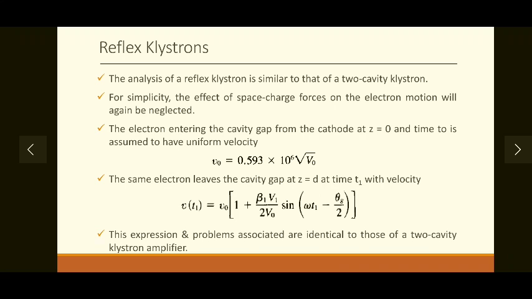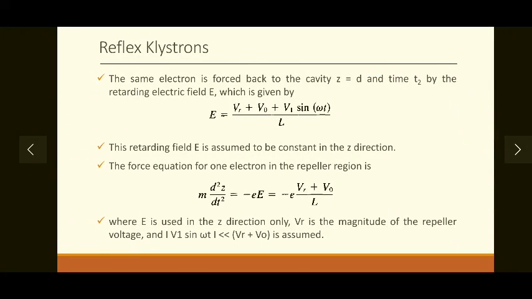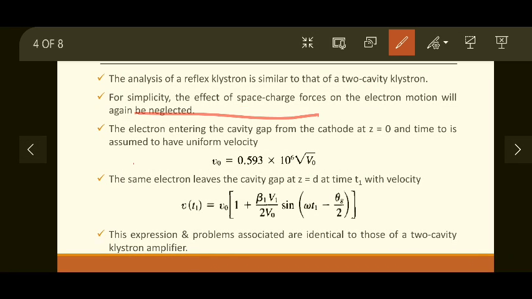We neglect it in this reflex klystron, because this is a single cavity and the electron bunching involves a small number of electrons rather than a large number. We have also seen previously that the beam tunnel is much larger than the actual electron beam. That's why we are neglecting space charge effects.